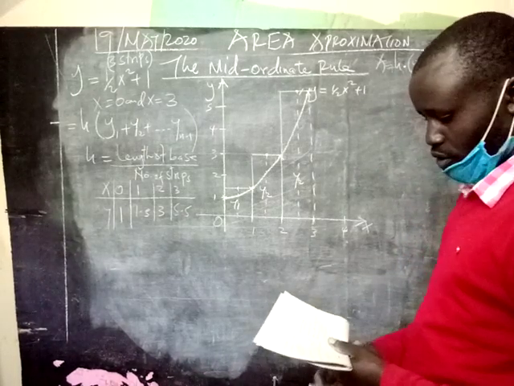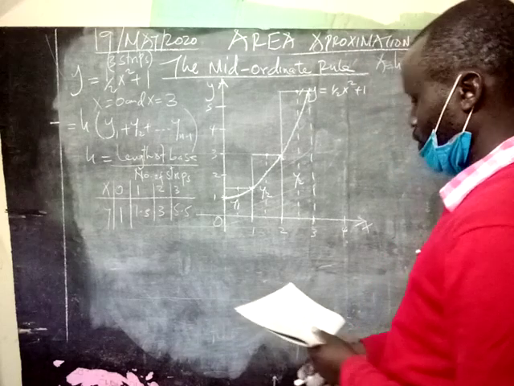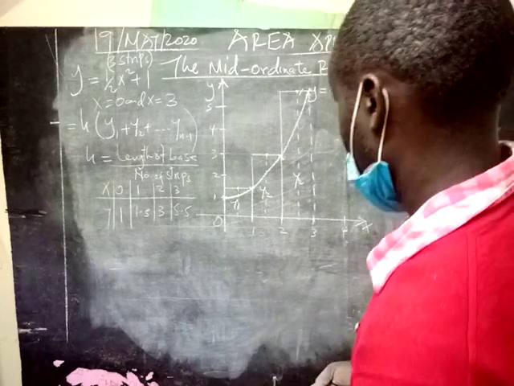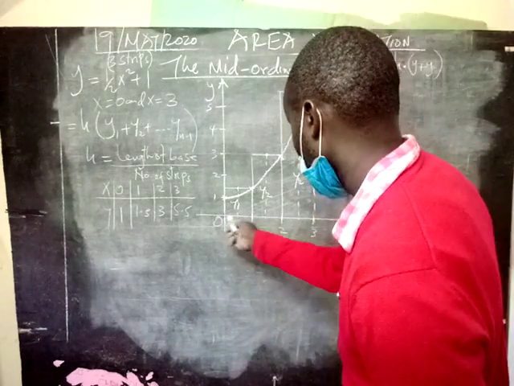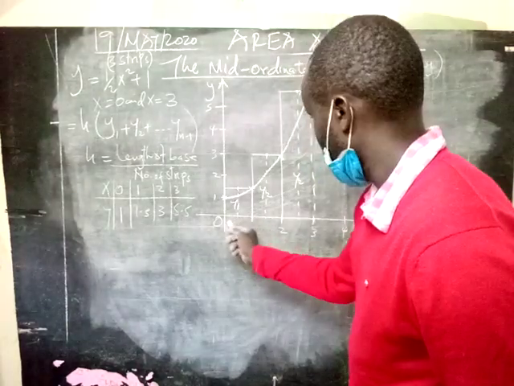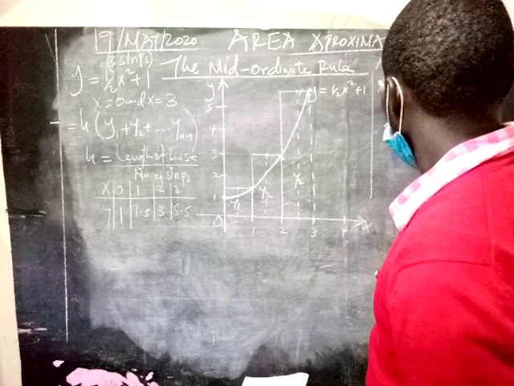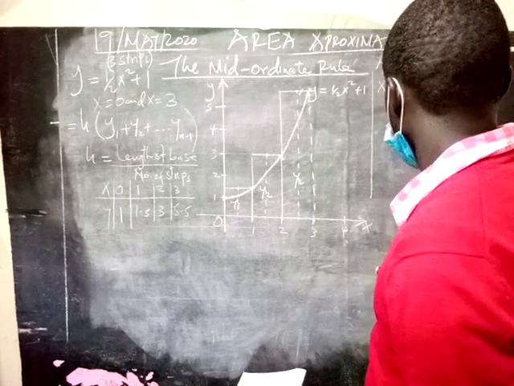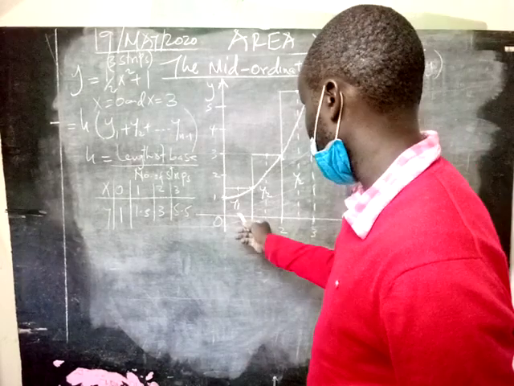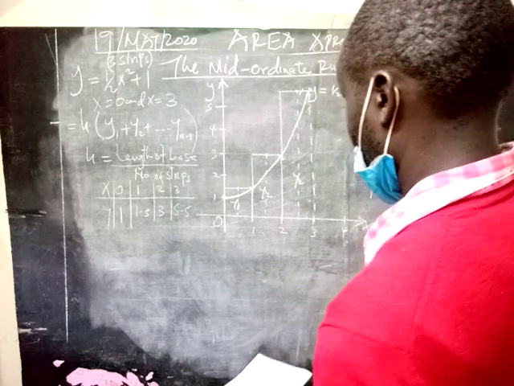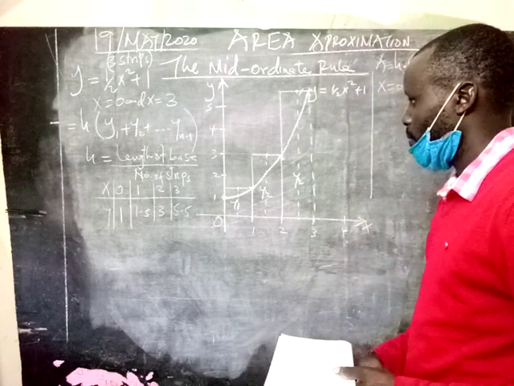That is what we have. So we want to find when x equals 0.5, because it is the mid. When x is 0.5, what is the value of y?